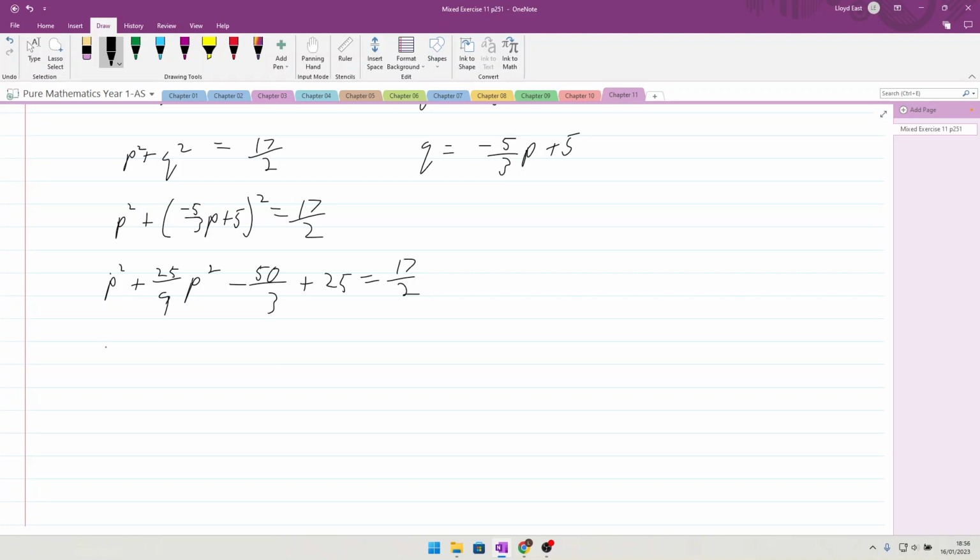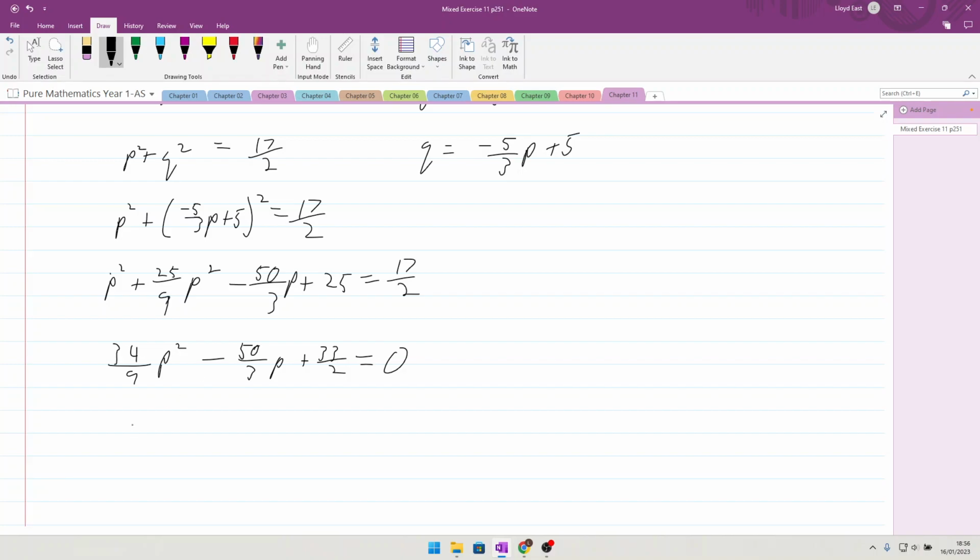Okay, so 25 over 9 plus 1 gives us 34 over 9 p squared, minus 50 over 3p, and 25 minus 17 over 2 is 33 over 2, is equal to 0. We've got a quadratic.